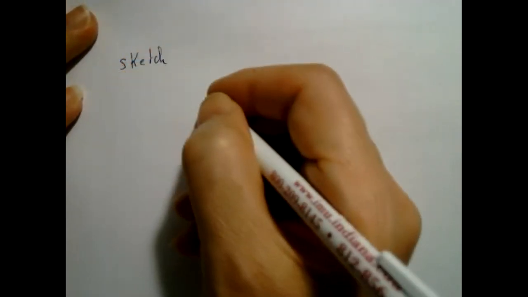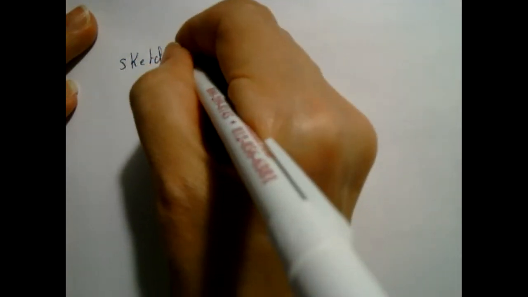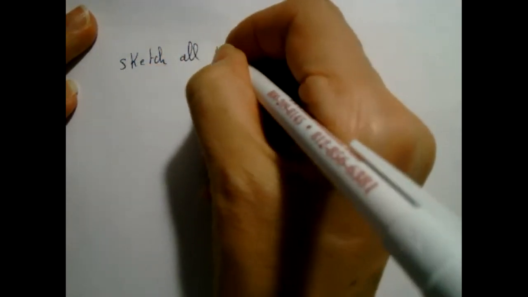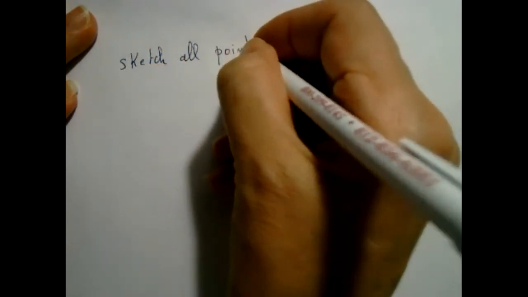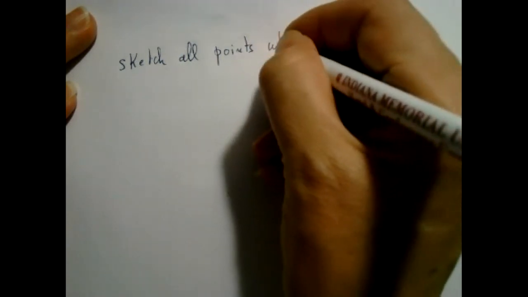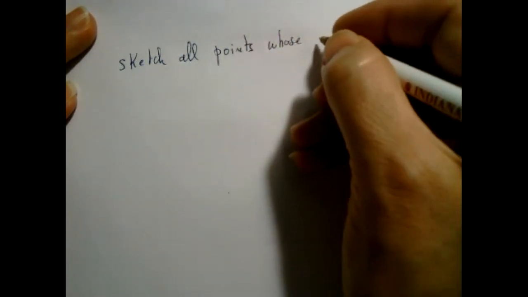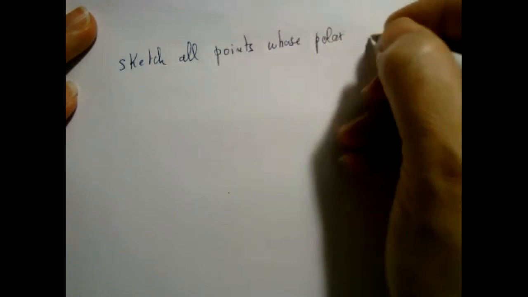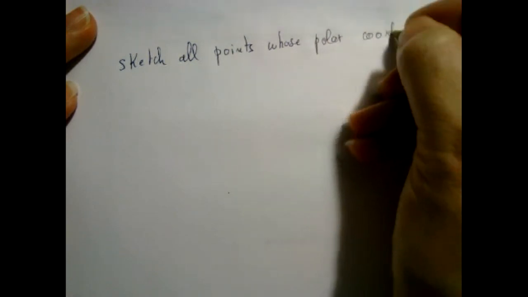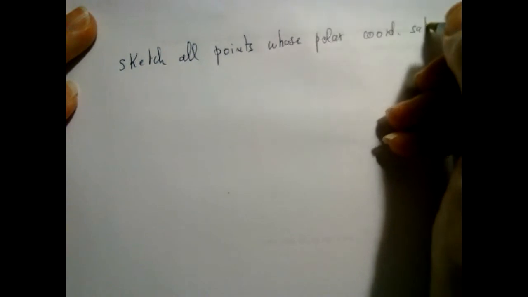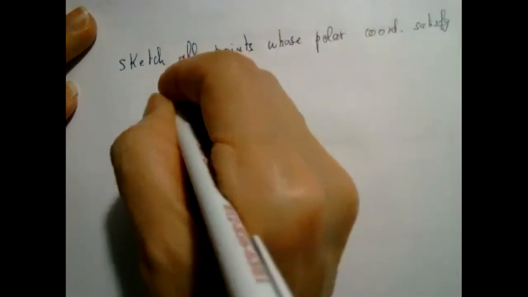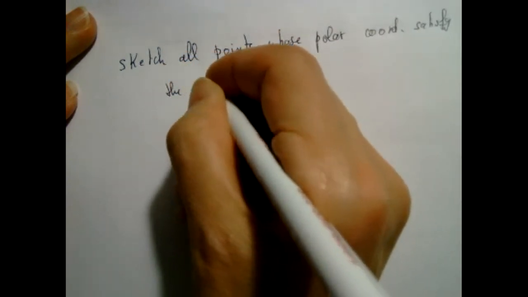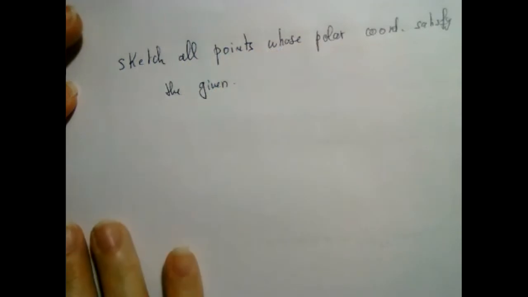So my question is fairly simple. Sketch all points whose polar coordinates satisfy the given condition. So I'm going to put a condition on the polar coordinates.